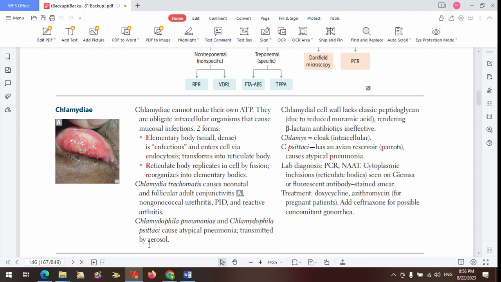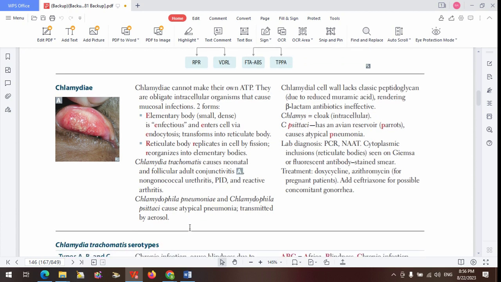Chlamydophila psittaci can cause psittacosis. They cannot really ask that, it's not relevant. But I think it is important to know that chlamydia can also cause pneumonia, particularly the Chlamydophila pneumoniae form.